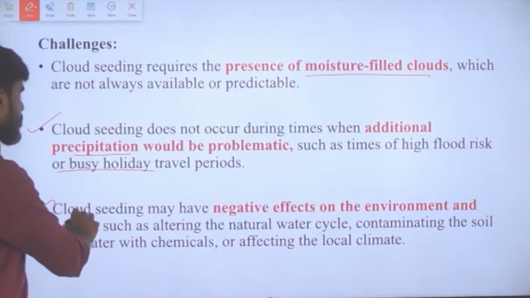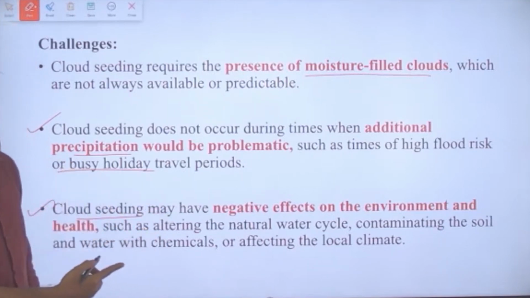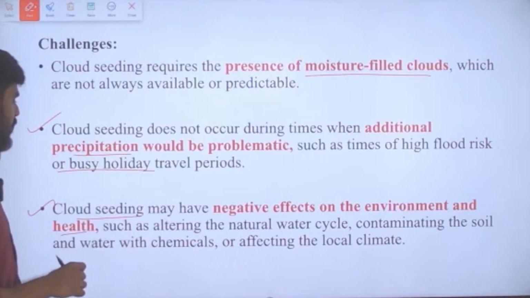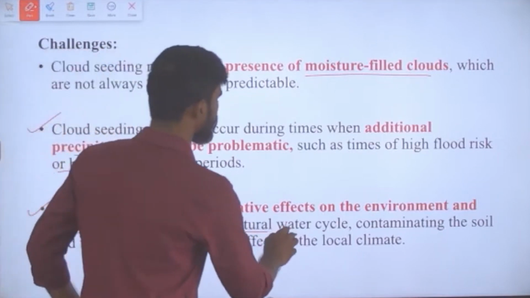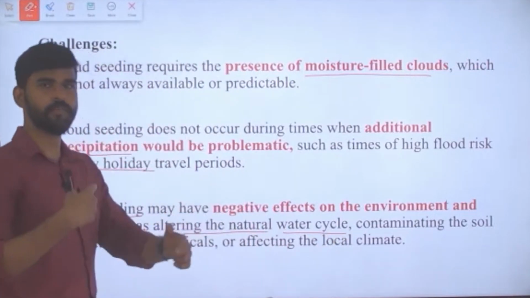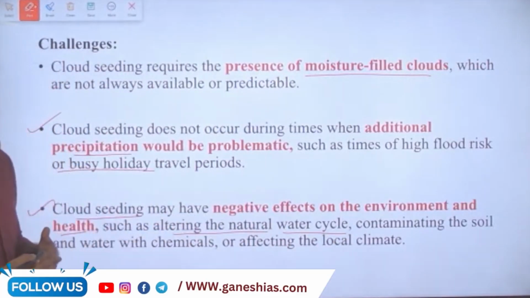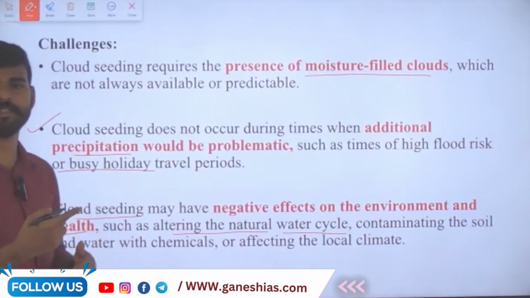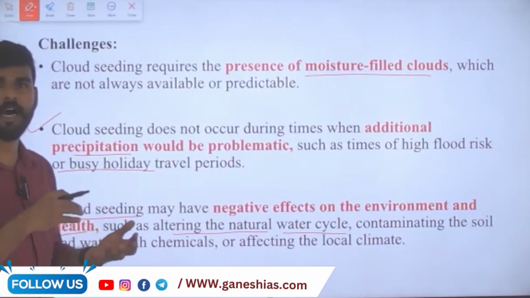Next, this is important. Cloud seeding may have negative effects on the environment and health of human beings, like altering the natural water cycle. Naturally the water cycle happens due to precipitation, but then we are inducing it, enhancing it artificially.